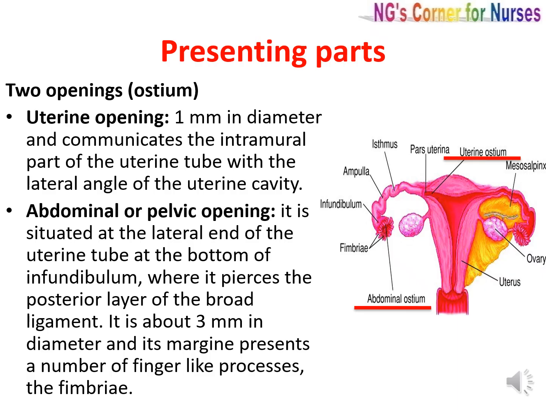And the abdominal or pelvic opening is situated at the lateral end of the uterine tube at the bottom of the infundibulum, where it pierces the posterior layer of the broad ligament. It is about 3 mm in diameter and its margin presents a number of finger-like processes which are known as fimbriae.